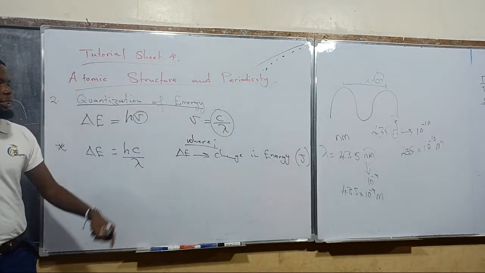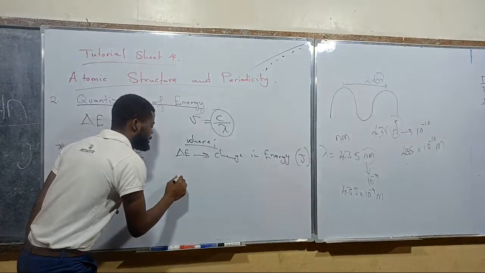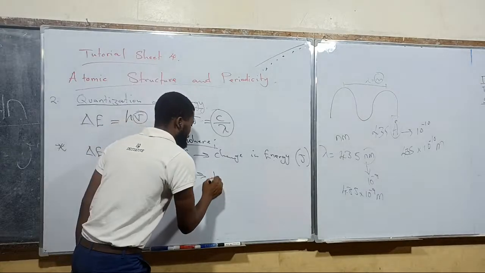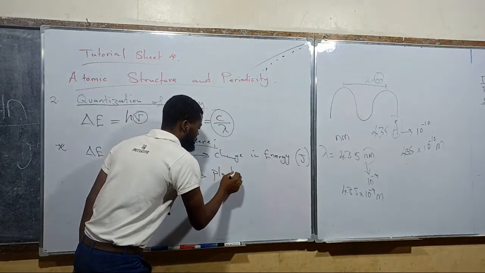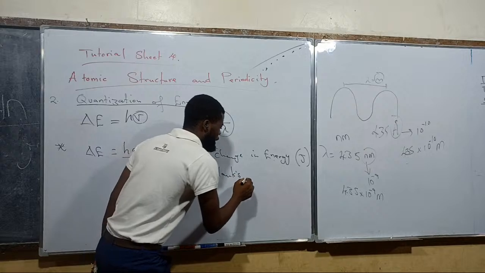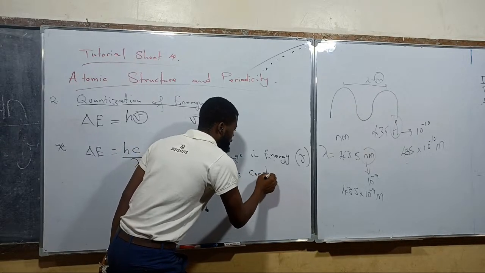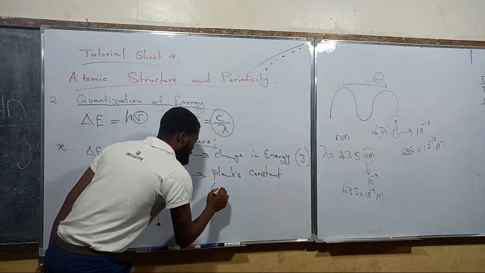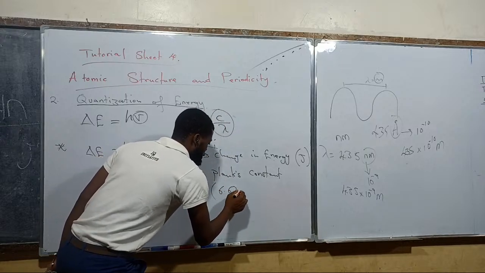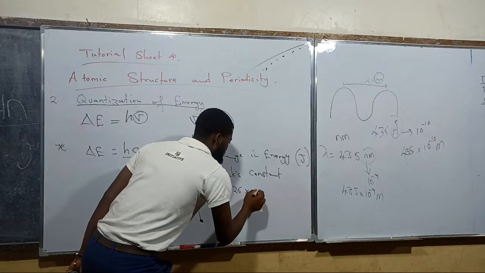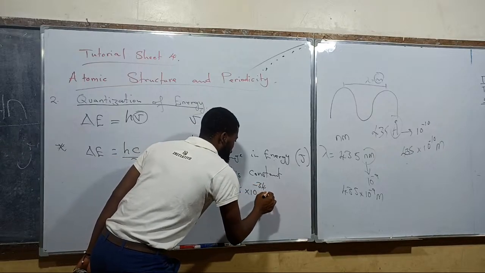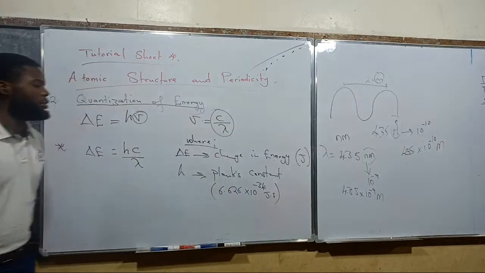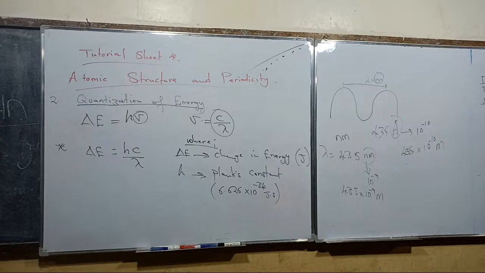Okay, delta E is change in energy, and then h is just Planck's constant. Planck's constant is 6.626 times 10 to the power negative 34 joule seconds. Okay, so that's Planck's constant.